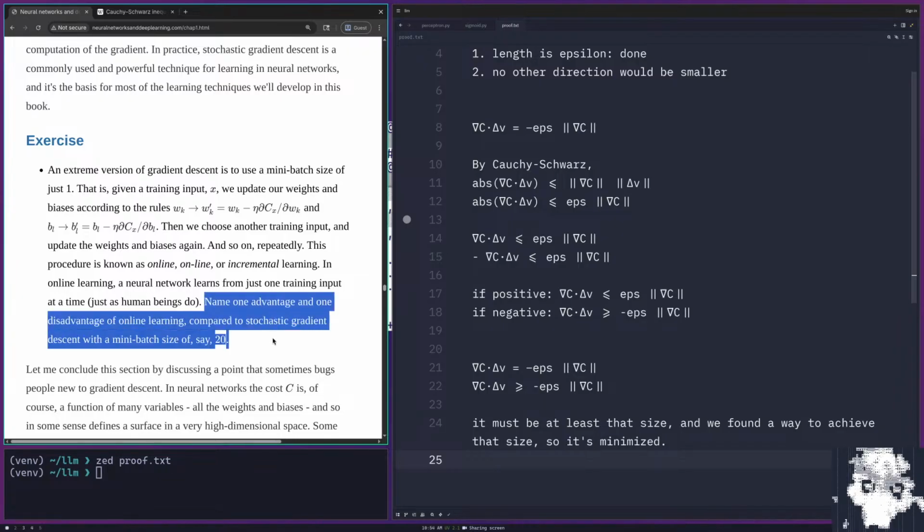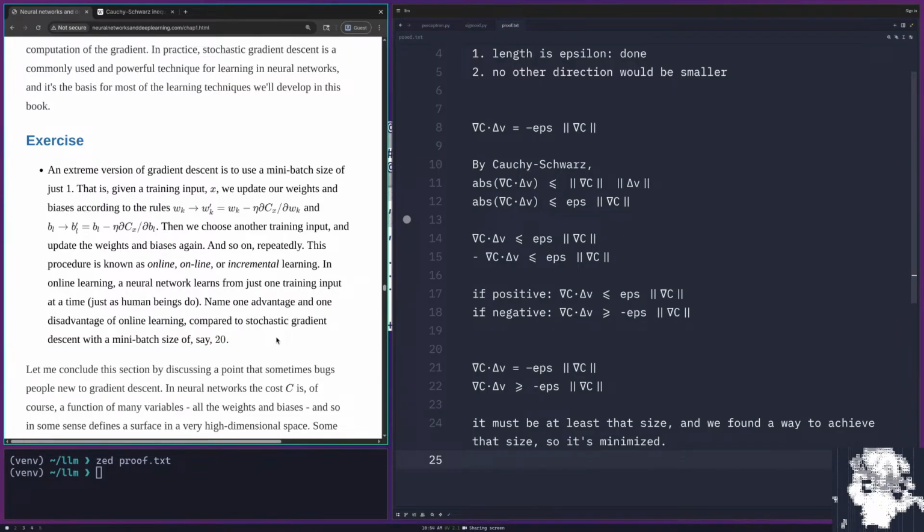Hopefully these are... I don't know if these are the advantages and disadvantages that he's thinking of, but the advantage is that it'll be faster because you have less stuff to compute. The disadvantage is it'll be less accurate, because a single example is a worse approximation of the full gradient than 20 examples.